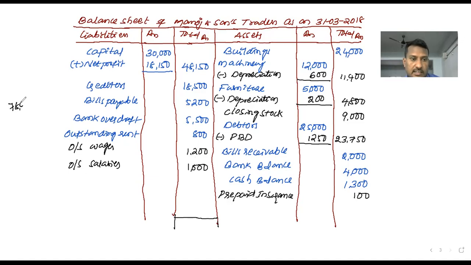Thousands are 78. Let me total the hundreds now. 1, 6, 8, 13, 21, 23. Yes, 2,300. And rupees is 50. So 80,350 is the total amount of liabilities.